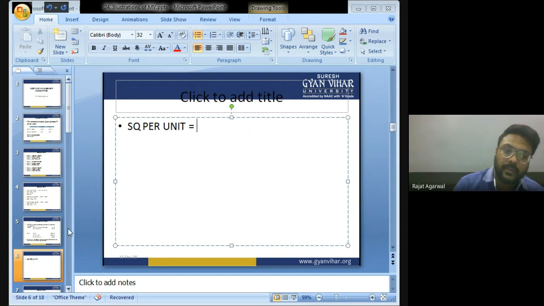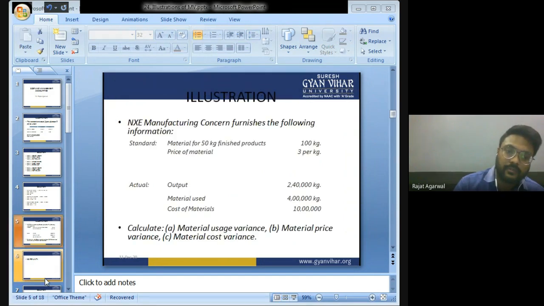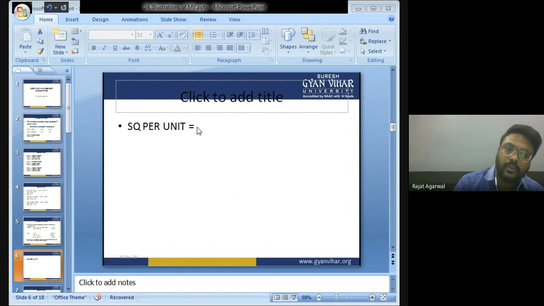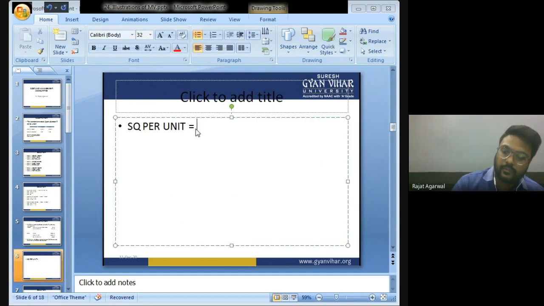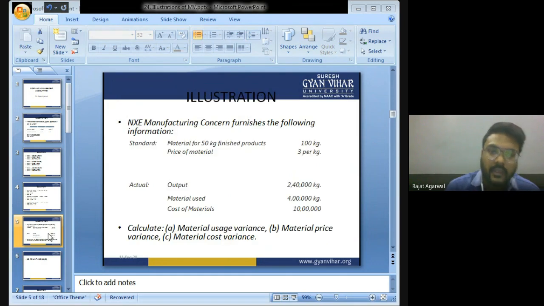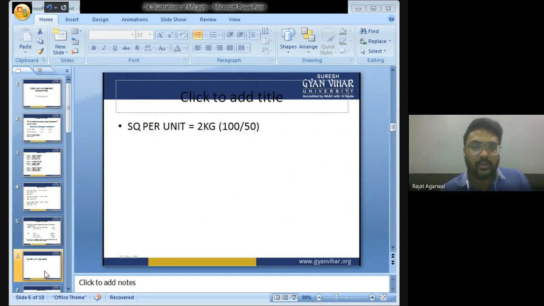Standard quantity per unit is how much? 2 kg, that is 100 divided by 50. So, standard quantity per unit is 2 kg.